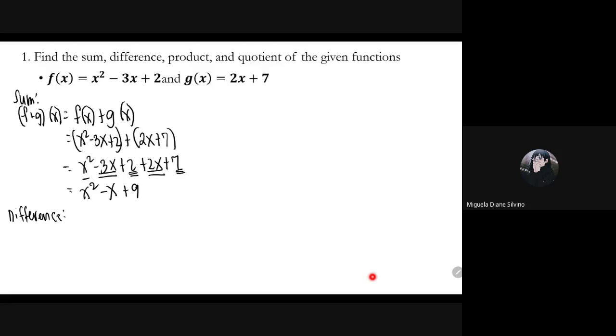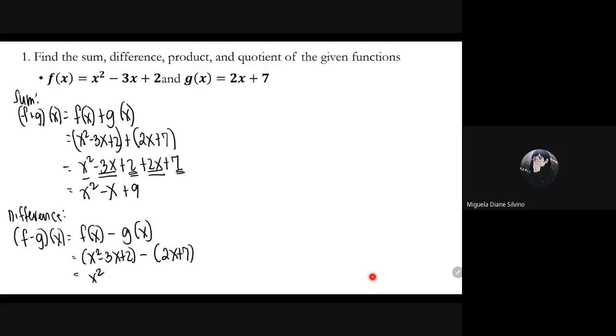Ang difference niyan, going back to the definition of the difference, that's f minus g of x. Alam natin na yan ay f of x minus g of x. This is the rationale why we have to put parentheses. Kasi pag hindi mo yan lalagyan ng parentheses, magkakaroon ka dyan ng problema sa sagot. Minus, ang g of x mo ay 2x plus 7.